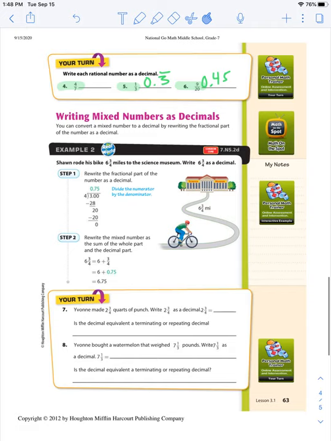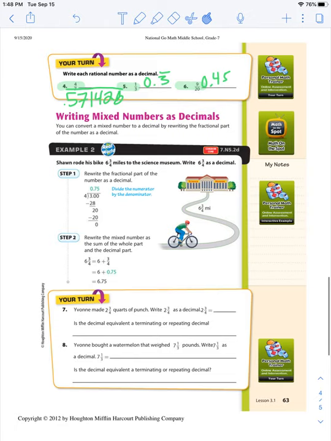Your calculator will tell you that it's 0.57142857. Notice that 57 repeats, so we're going to take away that 57 and put a repeating bar over all 6 of those digits.